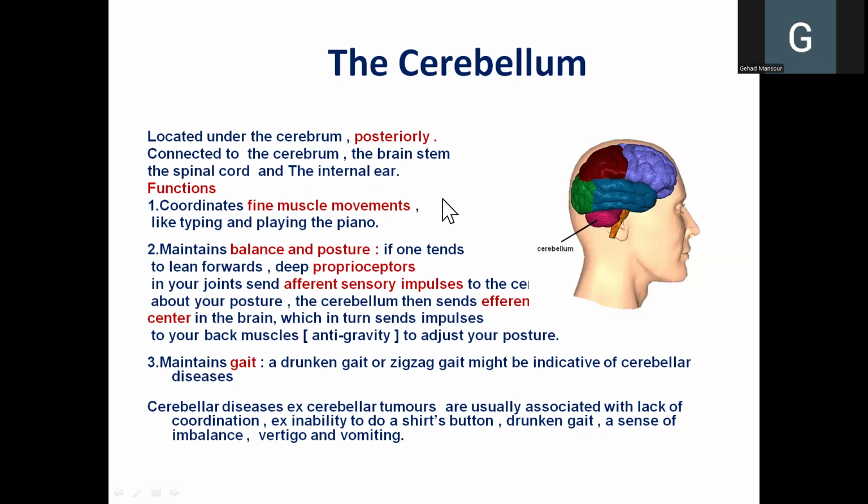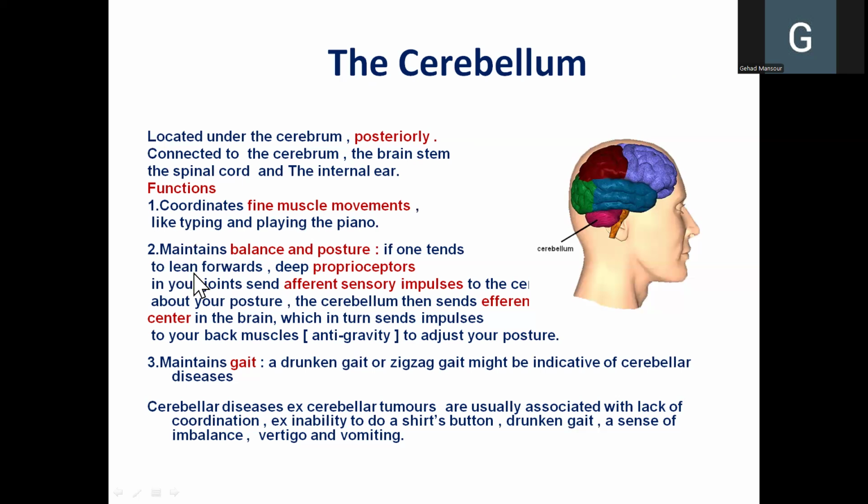So if you have a cerebellar disease, you wouldn't be able to coordinate these fine muscle movements. If you are a piano player, you would be no more able to play the piano. You would be no more able to typewrite or to use the keys on the keyboard of the laptop. You wouldn't be able to do fine coordinative movements like buttoning or unbuttoning your shirt, and so on.